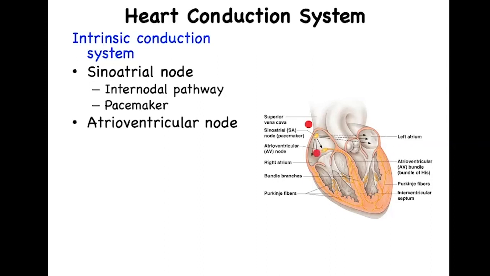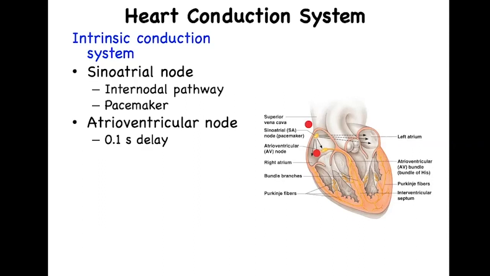From the SA node, as mentioned before, if we continue down the conduction system, the action potential then will go to the atrioventricular node, which is going to be located on the posterior wall of the right atrium, adjacent to or close to the right atrioventricular or tricuspid valve.